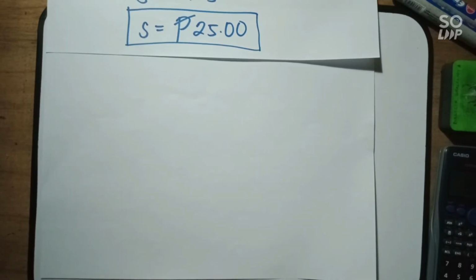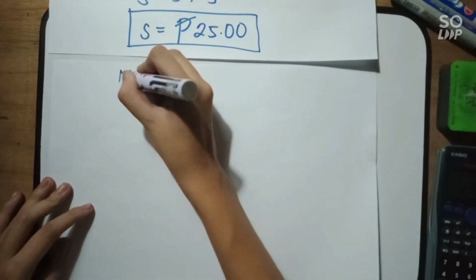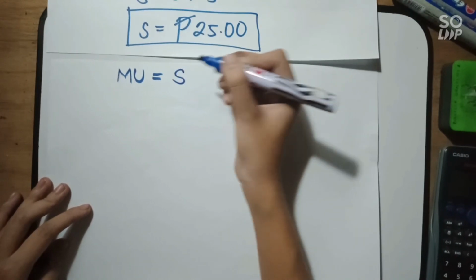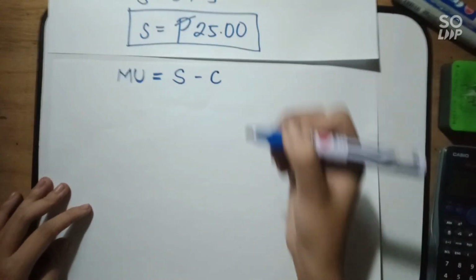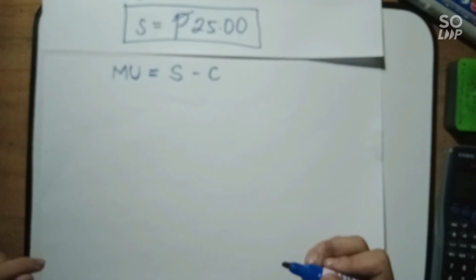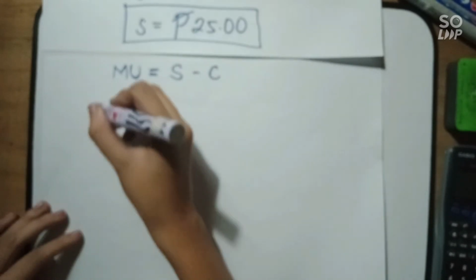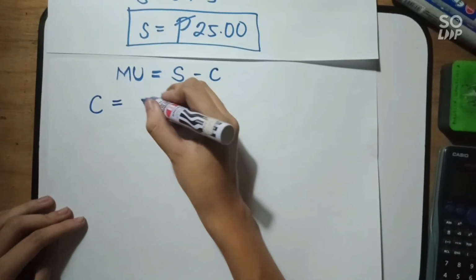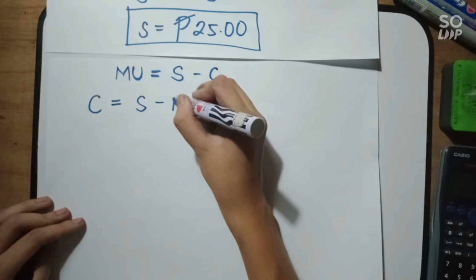Since we already have the selling price, which is 25 pesos, for computing the markup, the formula that we will be using is markup is equal to the selling price minus the cost of the goods or product. Since we are looking for the cost of the pens, the formula would be the cost of the goods is equal to the selling price minus markup.